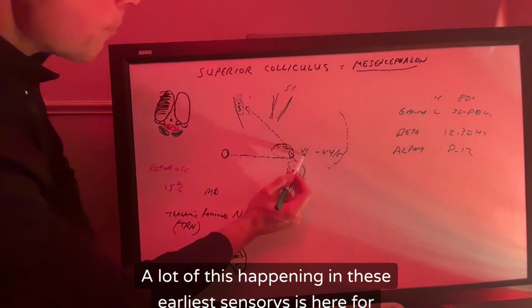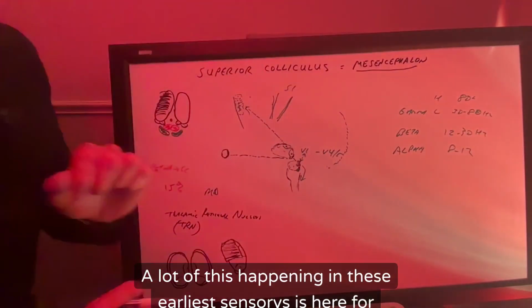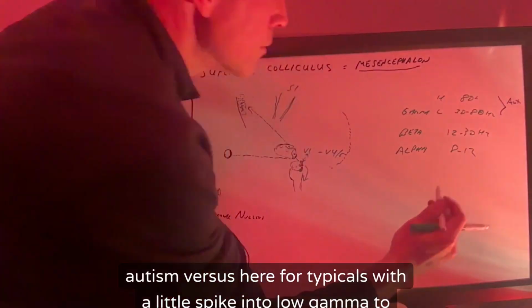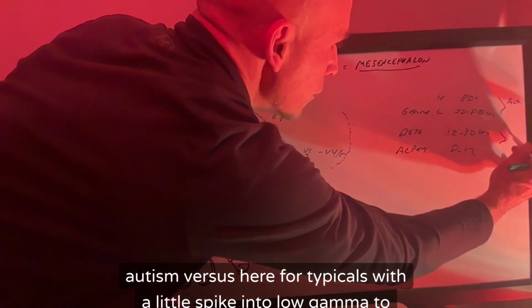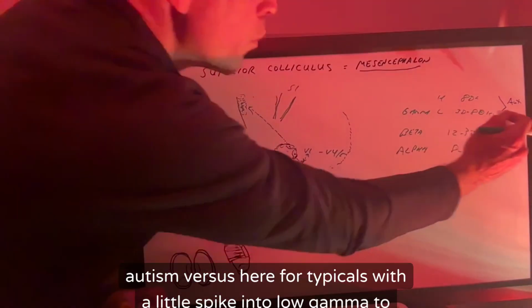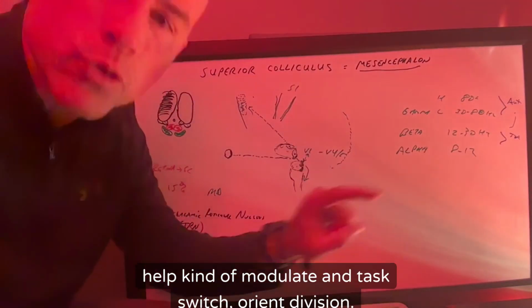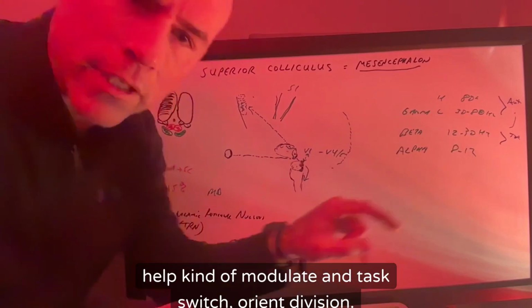A lot of this happening in these earliest sensories is here for autism versus here for typicals, with a little spike into low gamma to help modulate and task switch, orient the vision.